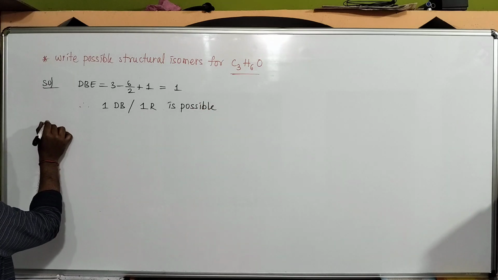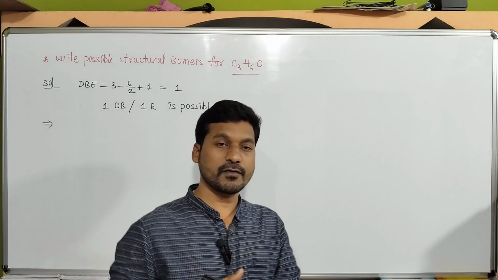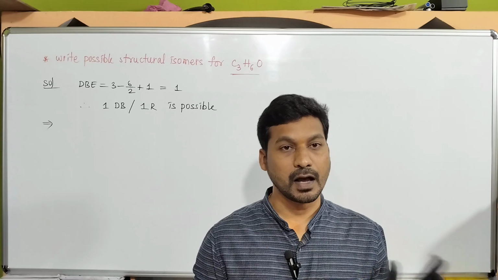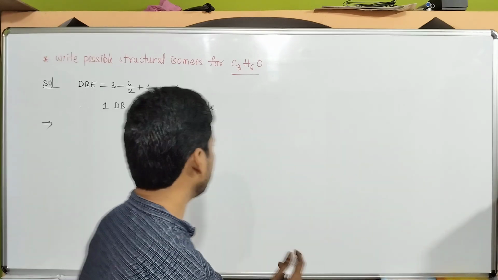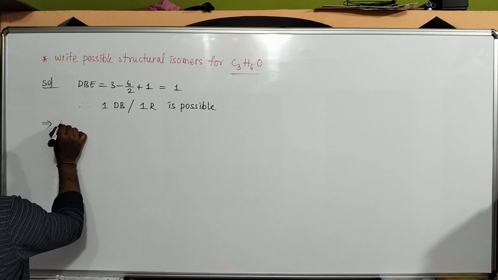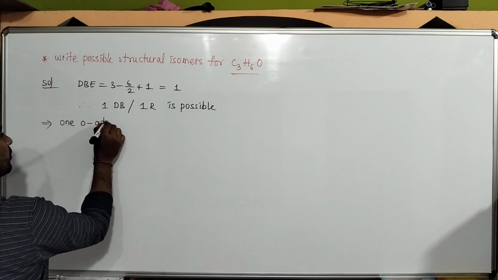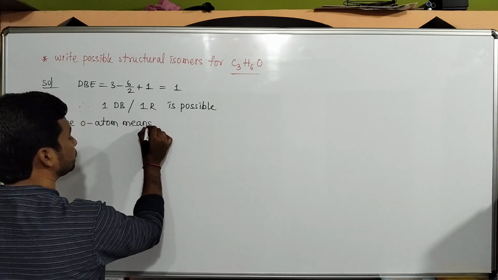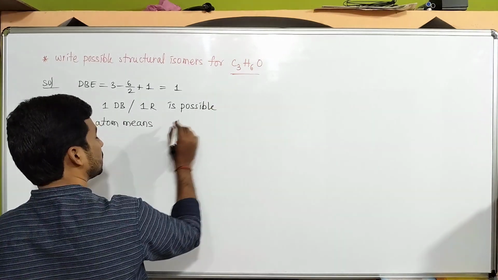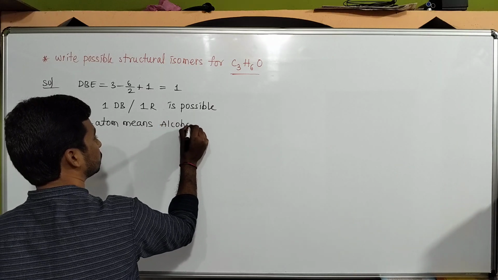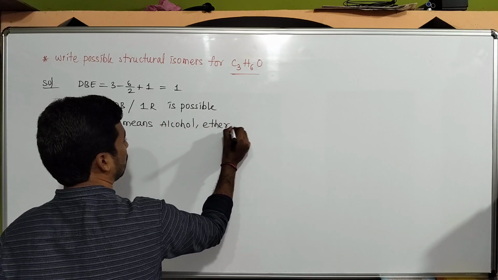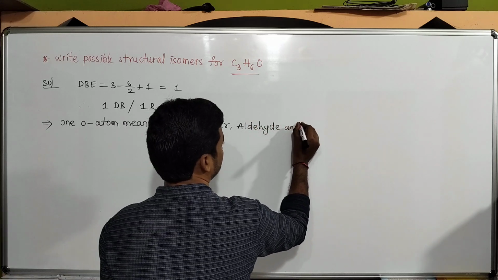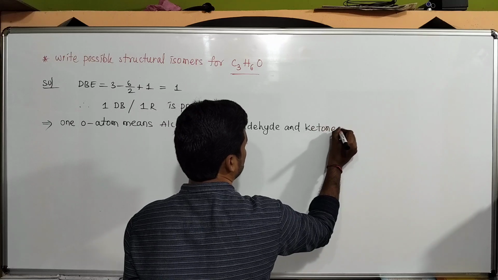And also with one oxygen atom, how many types of functional groups are possible? Aldehyde group possible, keto group possible, alcohol group possible, ether group possible. We have to verify all 4. One oxygen atom in the molecular formula means alcohol, ether, aldehyde and ketones are possible.